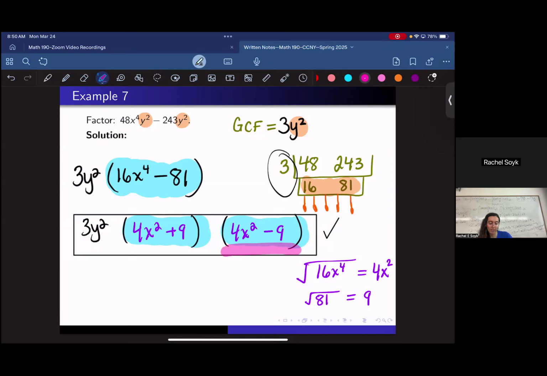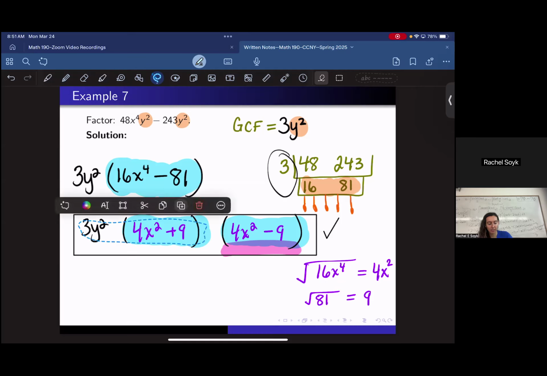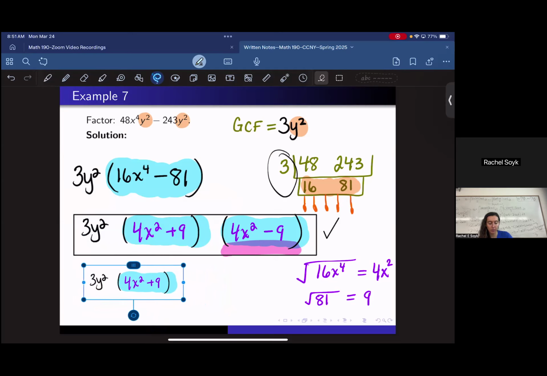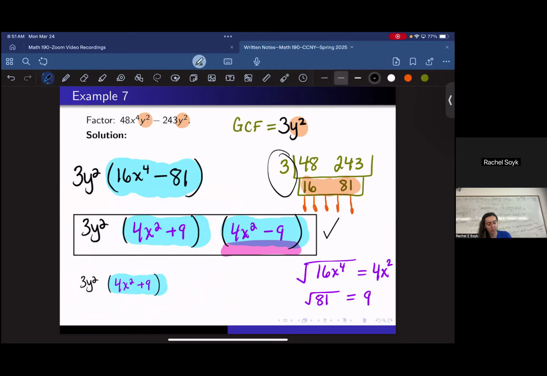Is 4x squared minus 9 a perfect square difference? It is. And 4x squared plus 9, can we factor that more or no? That plus sort of indicates we have prime, right?